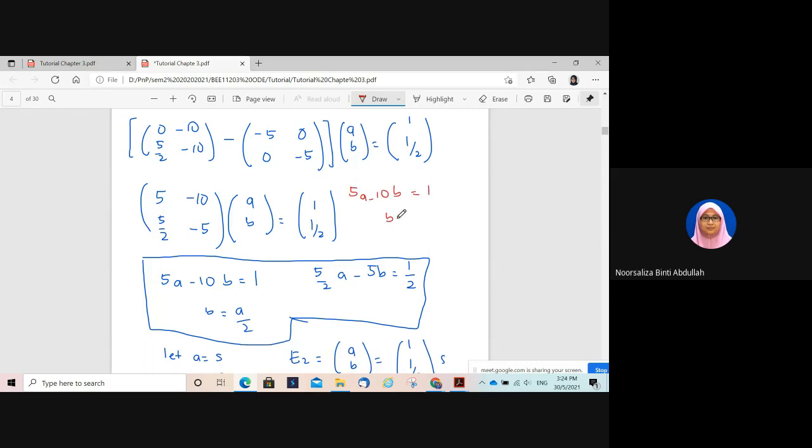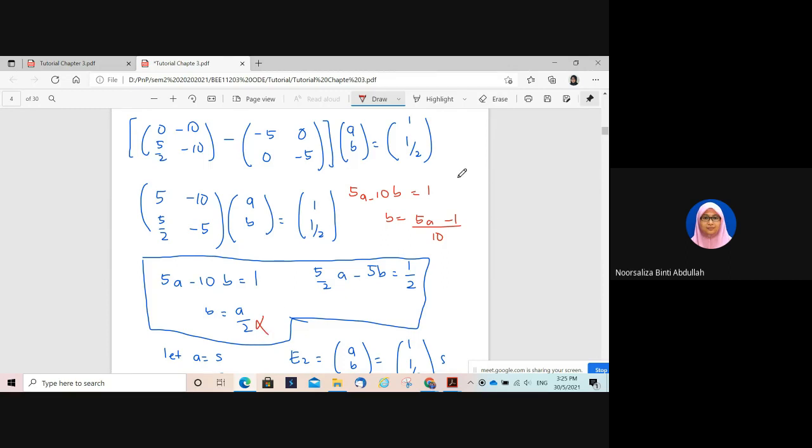Then your B is actually equals to 1 minus 5A divided by 10. Right? It is reversed. B equals to 5A minus 1 divided by 10, not this one.